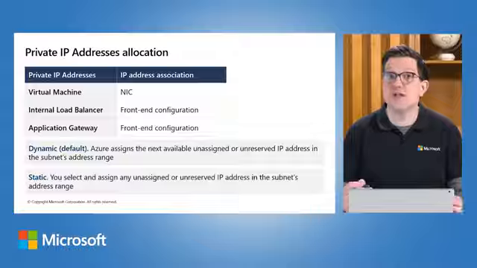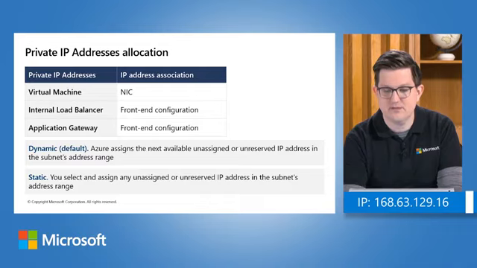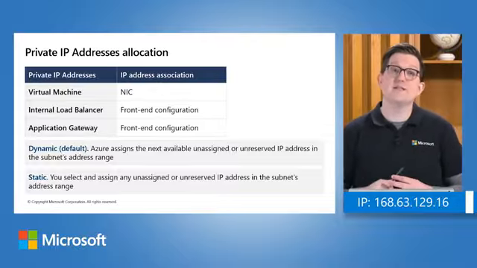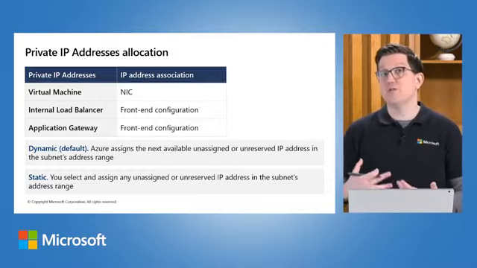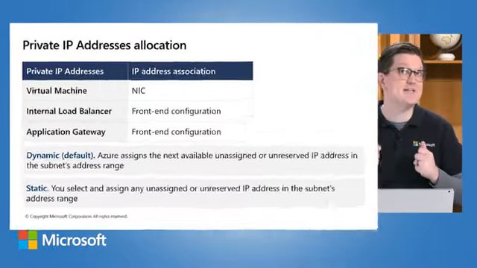We actually use a special IP address, 168.63.129.16. This IP will come up a lot, and this is the special IP that internal services use to reach out and find out what their IP address needs to be.